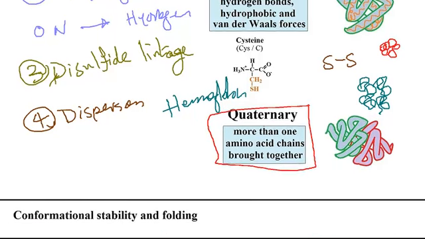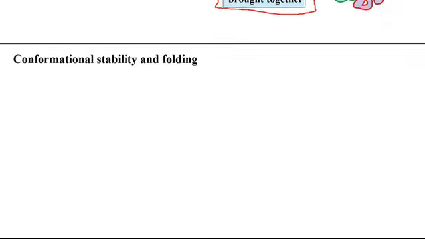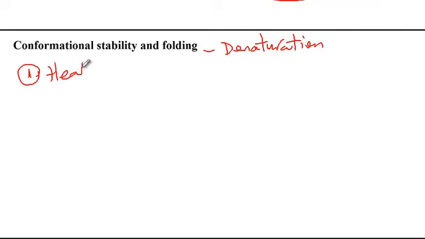The next concept is discussing the conformational stability and folding. So we just described the forces that could help maintain a tertiary structure. But there would also be forces that will disrupt this tertiary structure and cause denaturation of proteins. So here we would like to talk about factors that lead to denaturation of proteins. And these include, number one, heat or UV radiation, which will cause vibration of protein molecules, as a consequence of which there would be breakage of weak bonding, like for instance hydrogen and dispersion forces.